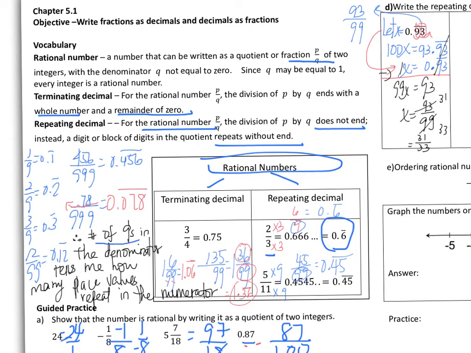The number of 9s in the denominator tells me how many place values repeat in the numerator. So since 2 digits are repeating, then I know my numerator has to be 93, and I just simply put it over 99 because I only have 2 digits repeating. And this is the entire proof for it. If you want to take the shortcut, you just have to remember to simplify.